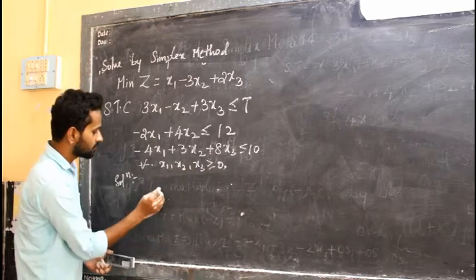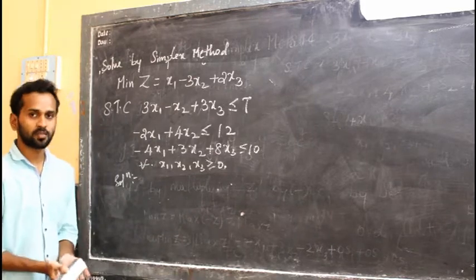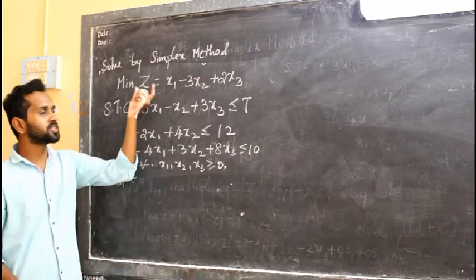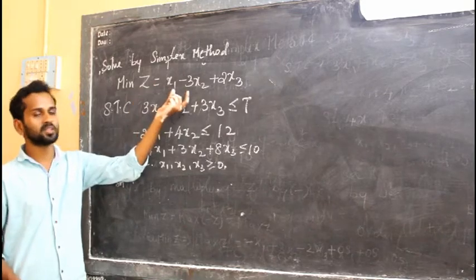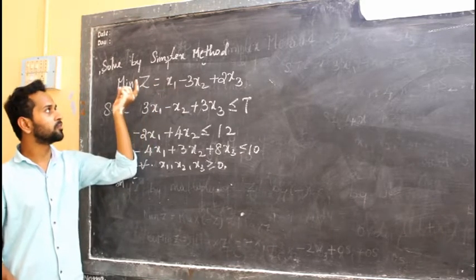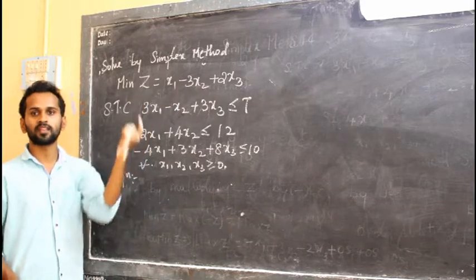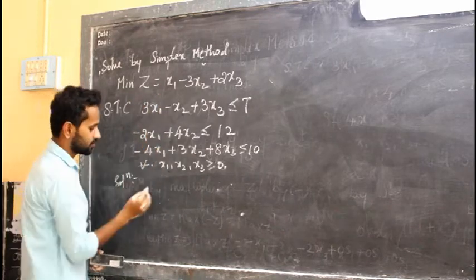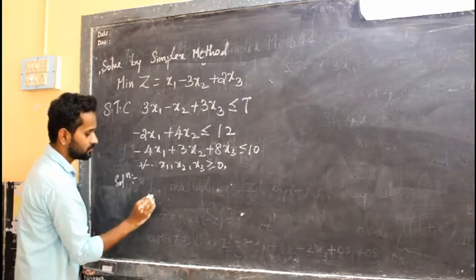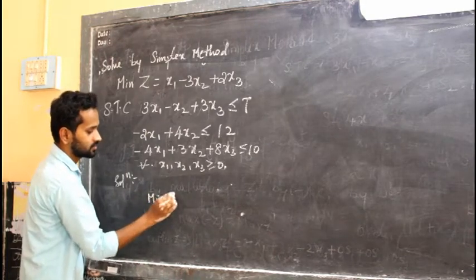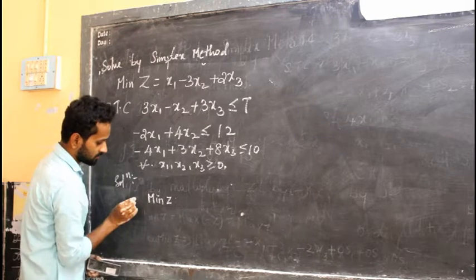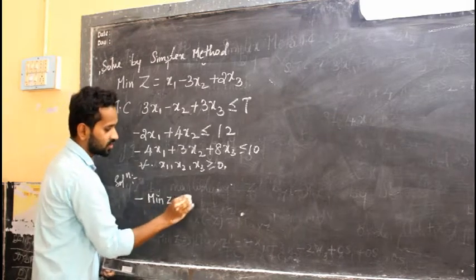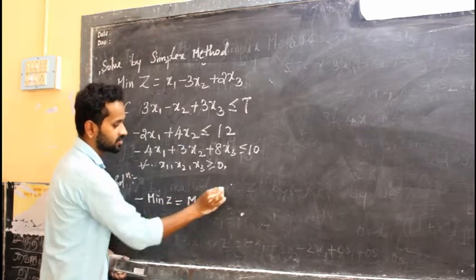How to convert this? To convert minimization to maximization, I need to multiply the objective function by a minus sign. Then whatever I have as minimum z, I will get as maximum z. When I multiply by minus, minus minimum z equals maximum of z dash.